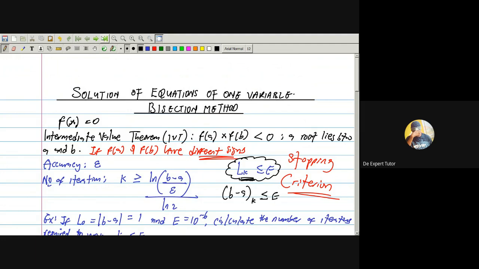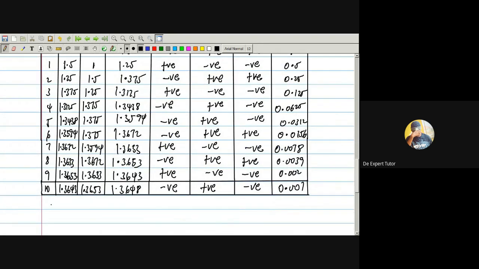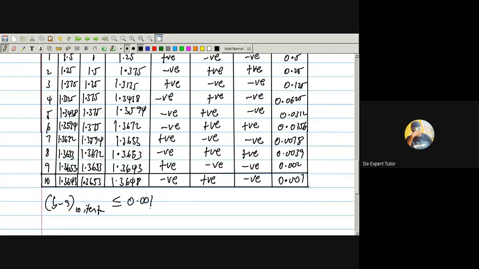B minus A at the 10th iteration is 0.001, which is less than or equal to our accuracy. Whenever you have a value equal to the accuracy or less than it, we have to stop the iteration there. That is the meaning of that stopping criterion.